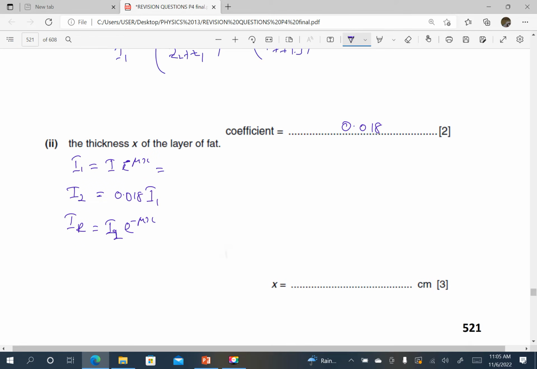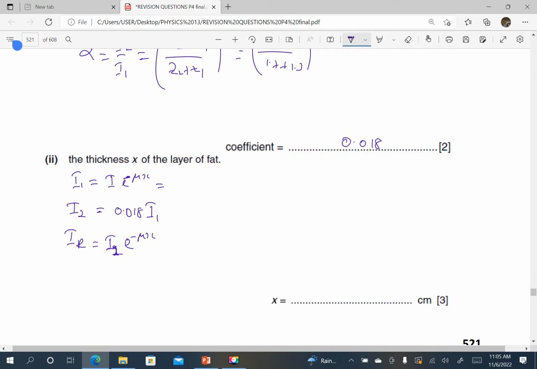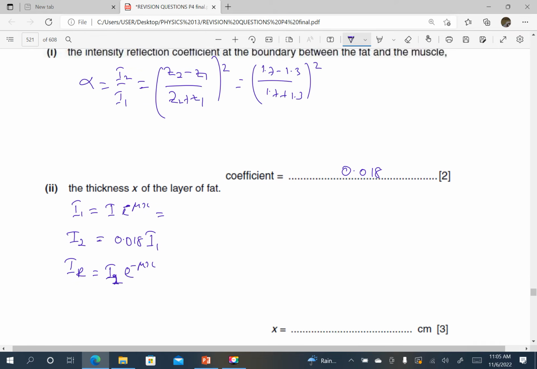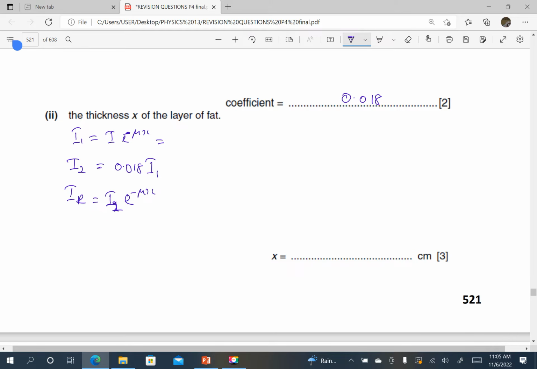So we now do what we call back substitution. Remember IR has been given as 0.012 I. So where there is IR, I will put 0.012 I. I2 is 0.018 times I1, and where there is I1, I put I e power negative mu x.